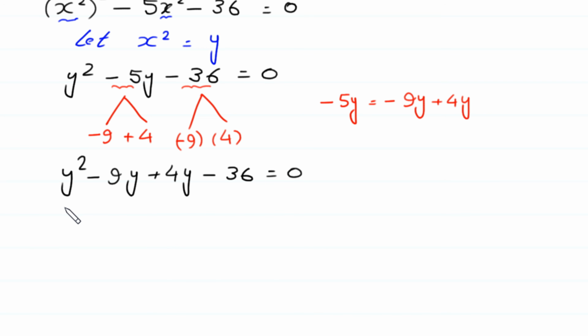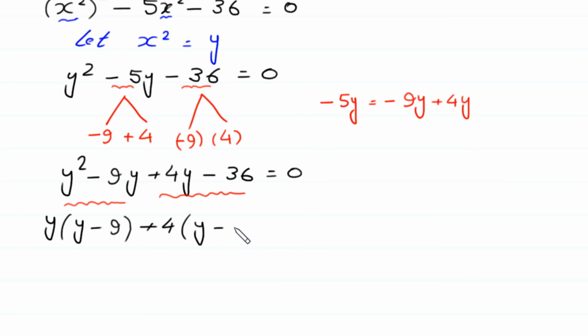Now from these two terms, y squared minus 9y, we can factor out y times in bracket y minus 9, and from these two terms, plus 4y minus 36, we can factor out plus 4 times in bracket y minus 9 is equal to 0.